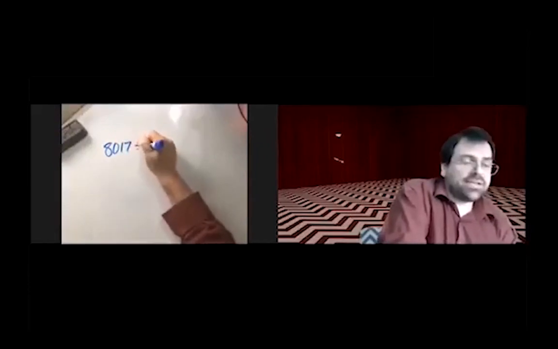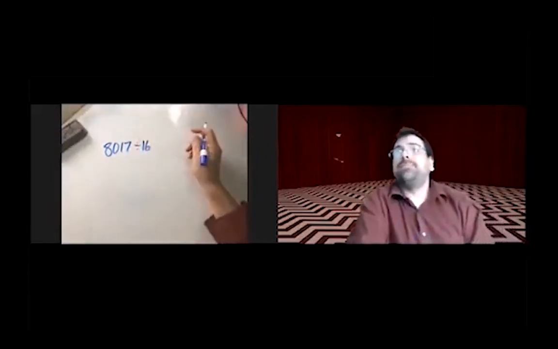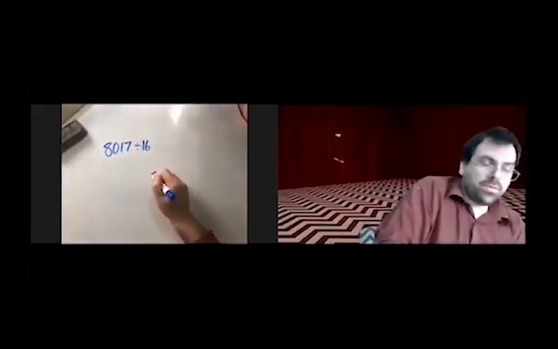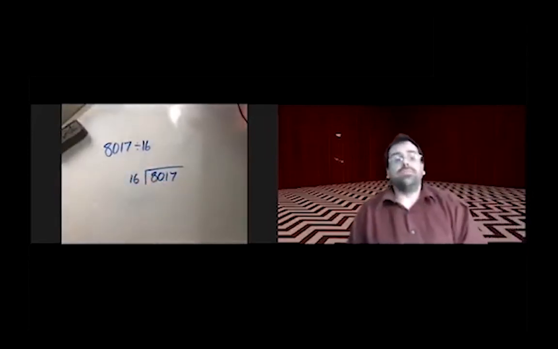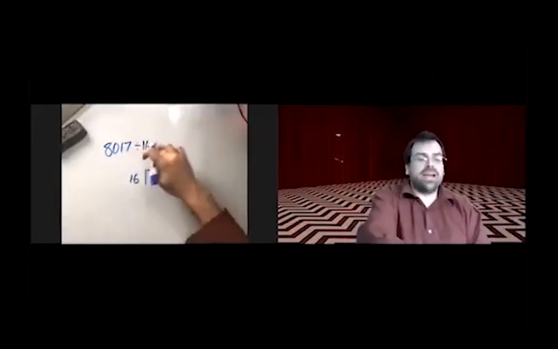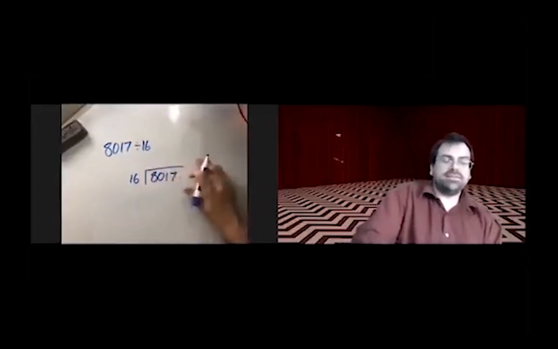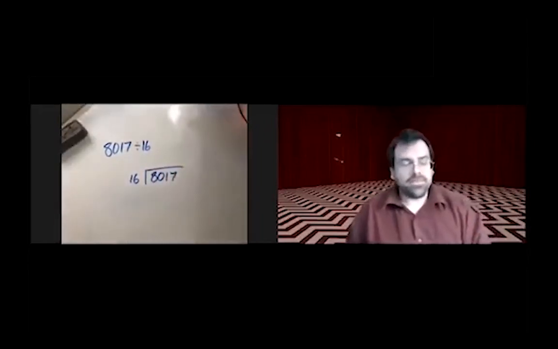$8,017 divided by 16. We're going to go ahead and write it in division box form. First, divided by second is inside divided by the outside.